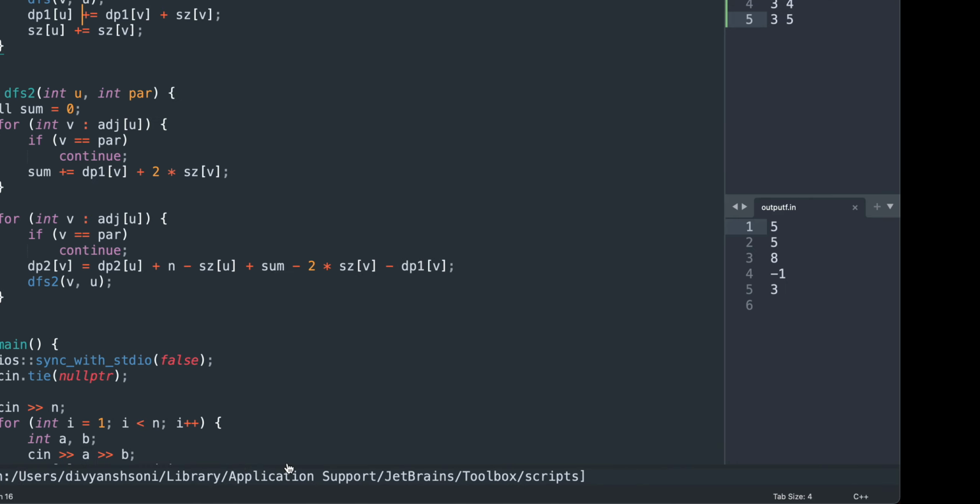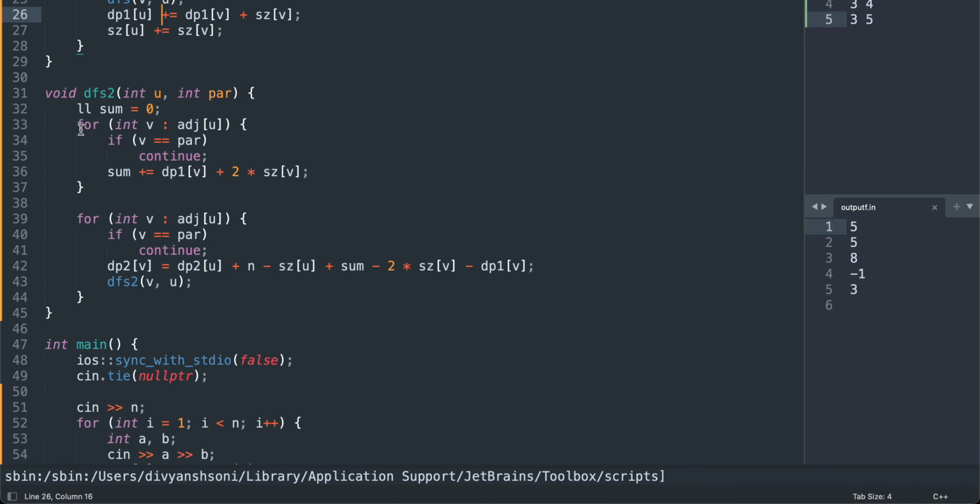So when 1 calls 3, then this sum is what?